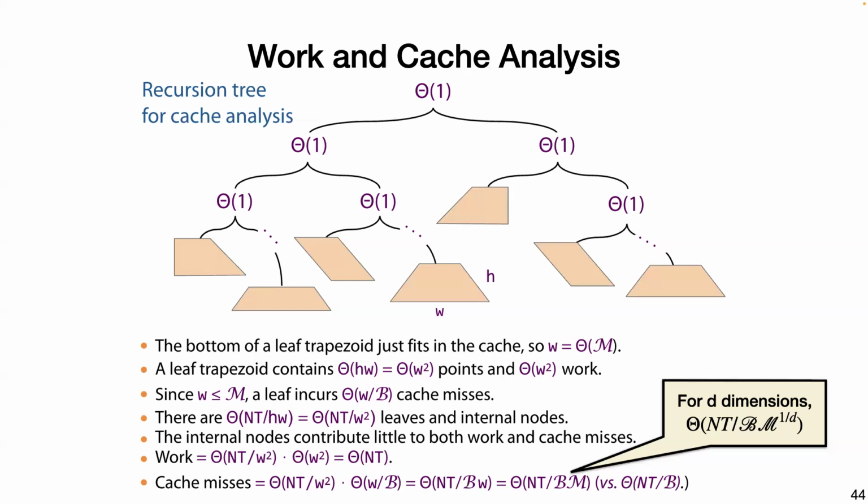Yeah, that is subtle and a good point, because if you actually computed this entire volume, that would be w squared over b. Exactly, yes. So once you can fit the base of the trapezoid into the cache, then you can compute the entire w squared points.